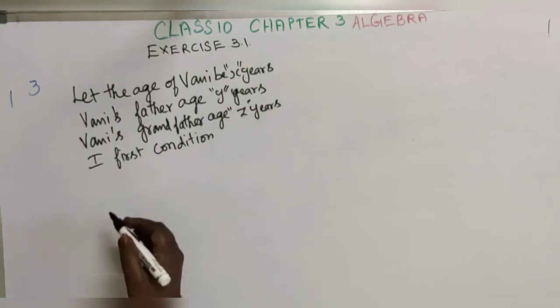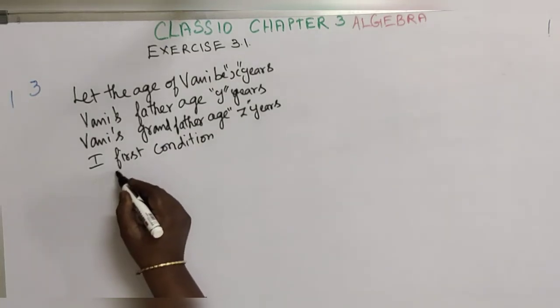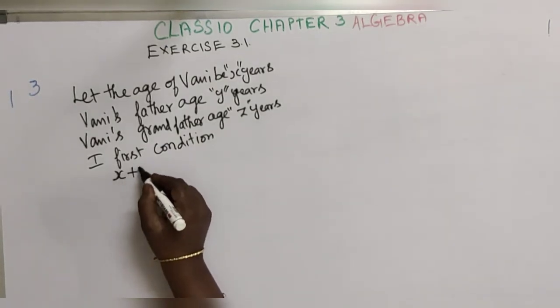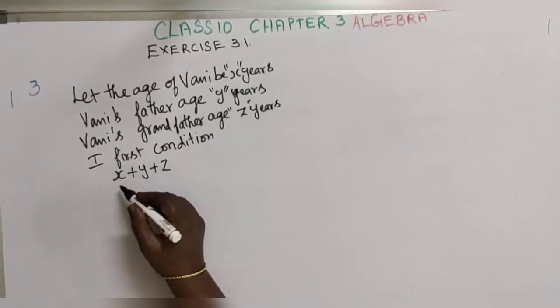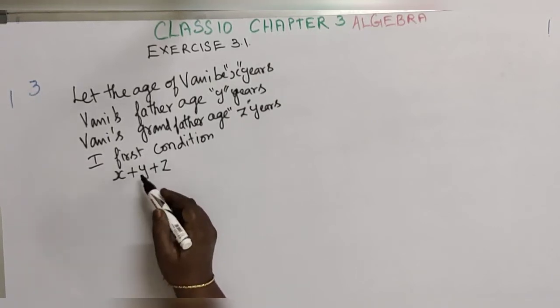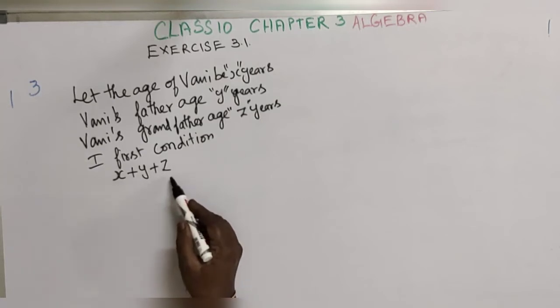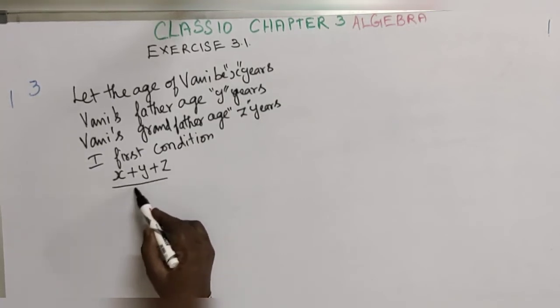Average age means we add all the ages, x plus y plus z, and divide by 3.